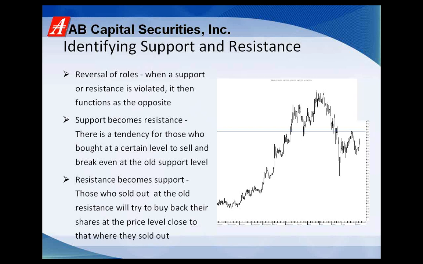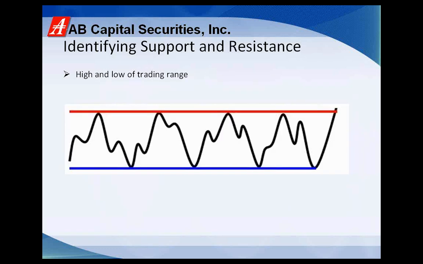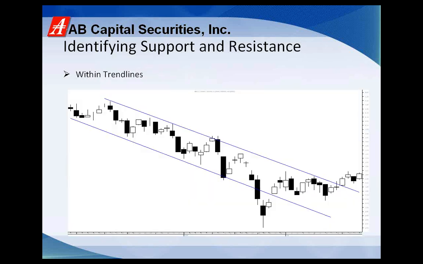Other means of identifying support and resistance is to look at the high and low of certain trading ranges. As shown by this chart, the red line would reflect the resistance levels, and the blue lower lines are the support levels, which are very easy to identify. Another way is to look at the trend channels.